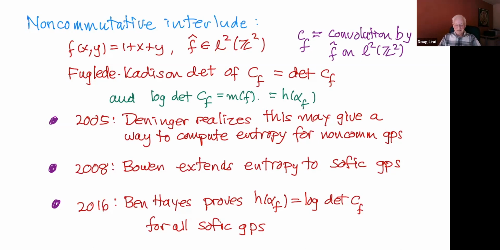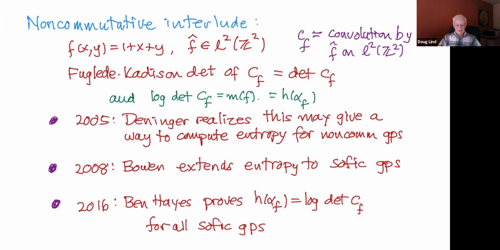So he starts sort of absent-mindedly flipping through just to see if he recognizes anything. And he stumbles on this example that the Fuglede-Kadison determinant is Mahler measure in the abelian case, in the Z^d case. And it then occurred to him that you can actually use this to replace Mahler measure and compute entropy. And that's exactly what he did. He showed that for certain amenable groups, this does work. And that was extended through a number of other people to the general case by Hanfeng Li that this is true in general.